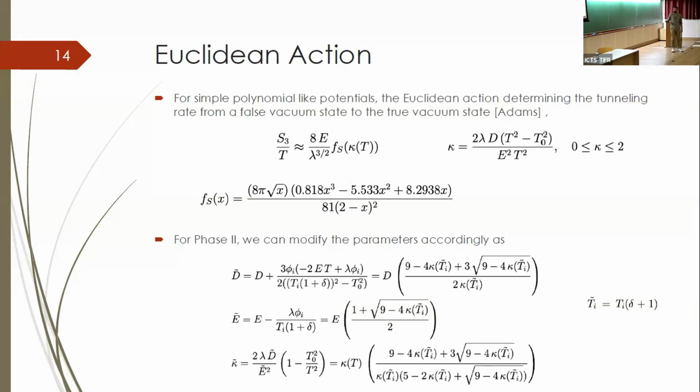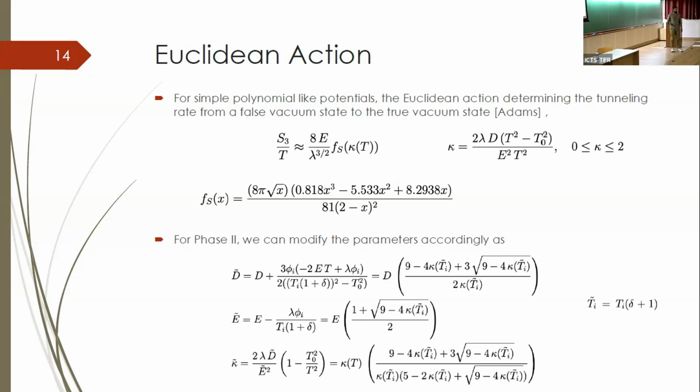Since I choose my potential to be polynomial-like, I can use the known results in the literature. One result by Fred Adams showed that one can write down the Euclidean action, which determines the tunneling rate from a false to a true vacuum, via some analytical forms. Basically, the S3 over T parameter can be expressed in terms of the model parameters, E by lambda raised to 3/2, times a functional form Fs.